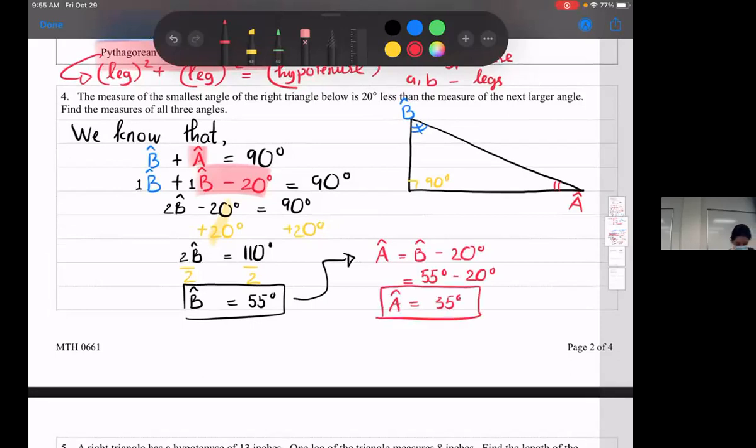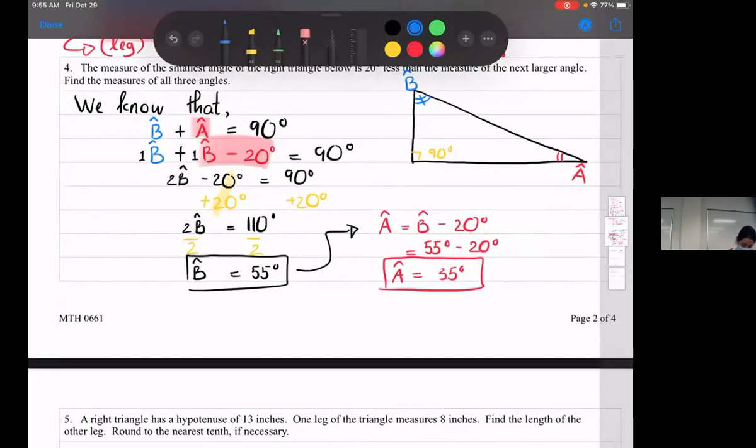If you can't see that, you can do it differently. If you don't want to find it that way, you can find a different way. Let me show you a different way in green here. I know that A plus B plus C equal 180. I want to find A. I know B is 55. What's C equal? 90, right?